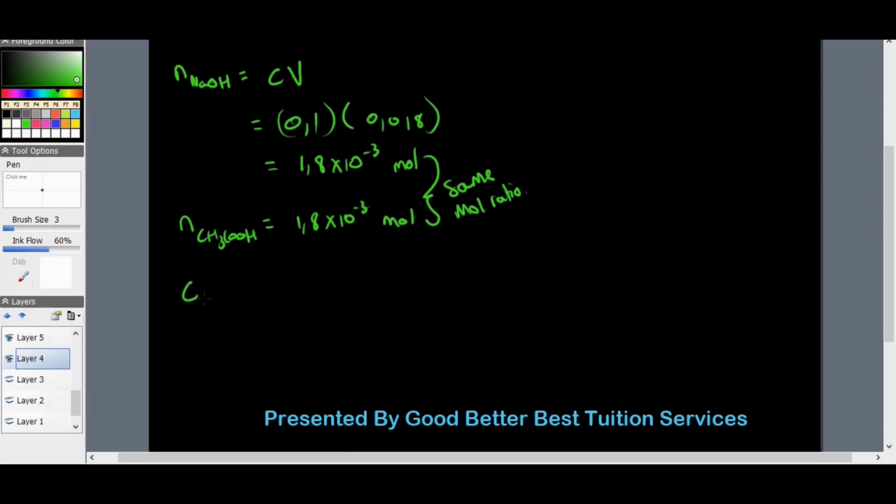So the concentration of dilute ethanoic acid is equal to the amount of moles, 1,8 times 10 to the power of -3, all divided by 0,02. And that should give us a value of 0,09 mole per decimeter cubed.